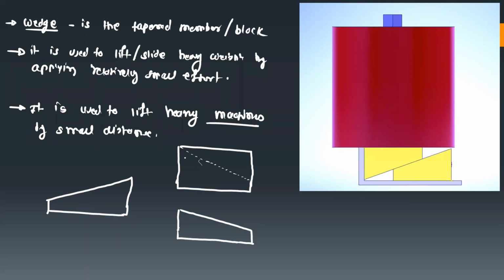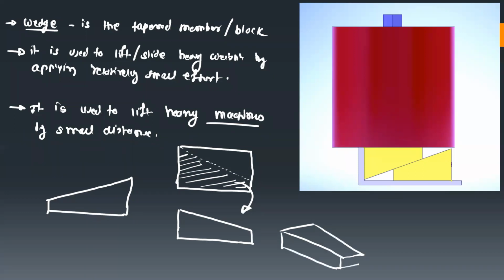So this is the wedge shape. Here I have drawn this shaded region. In 3 dimensions, this is the wedge member or the wedge block.